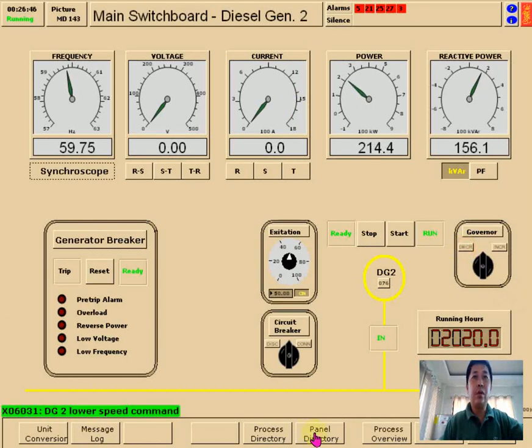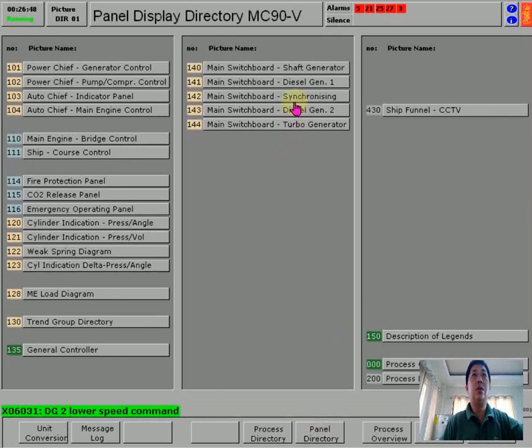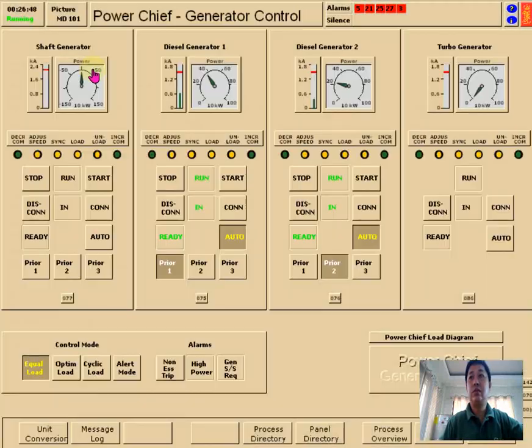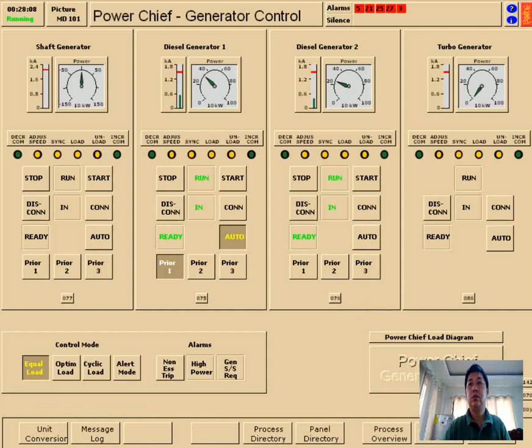First I will not put in automatic so that you can see. I will not put in priority. Now for DG2, I switched off the automatic and priority. We will put the load in here in number 1.